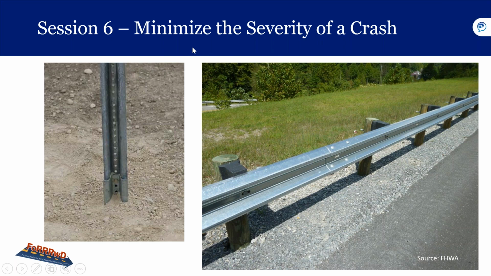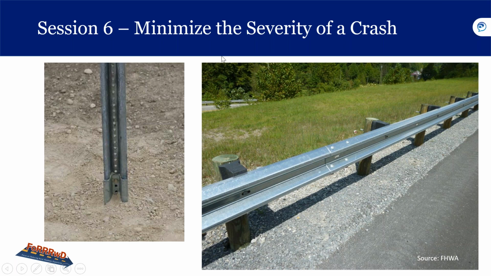So module 6 is titled Minimize the Severity of a Crash. Basically we've done all we can do. We've tried to keep the vehicles on the road, which was our first strategy. And then the second strategy was to provide a recoverable area off the side of the road, or maybe even make it so they can get back on the road if they drifted off.